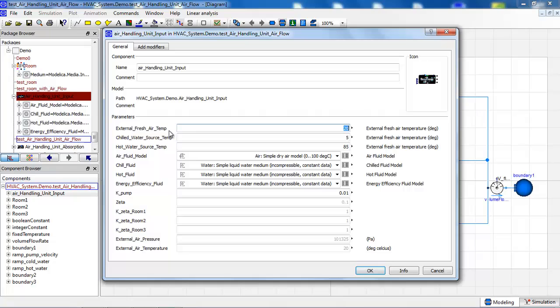Here I can choose the external temperature of air, the water source temperature for the cool part, the water source temperature for the hot part, and several thermodynamic tables for my air and the water inside my different loops.